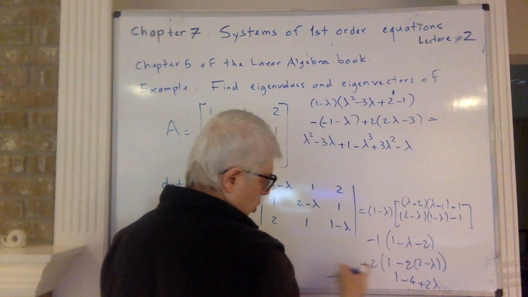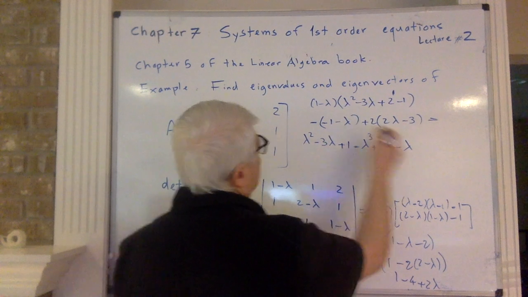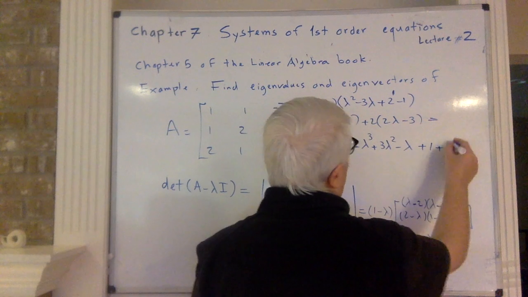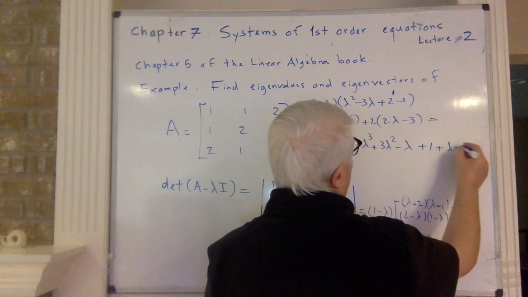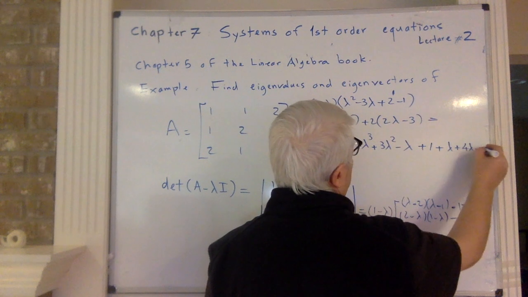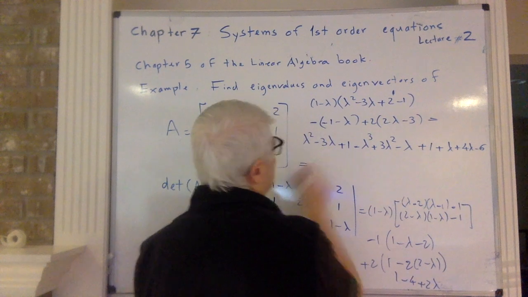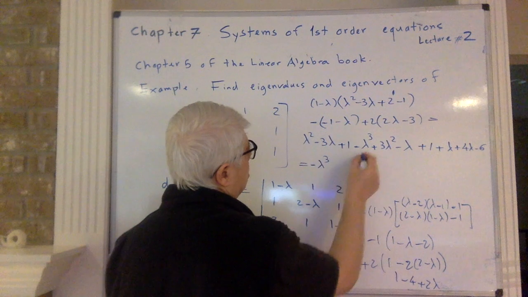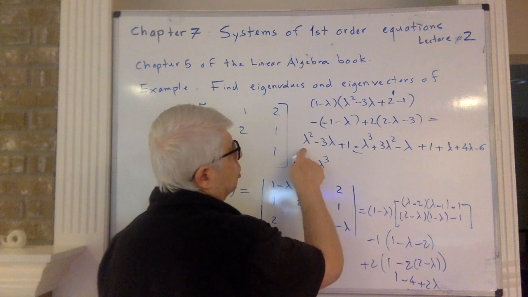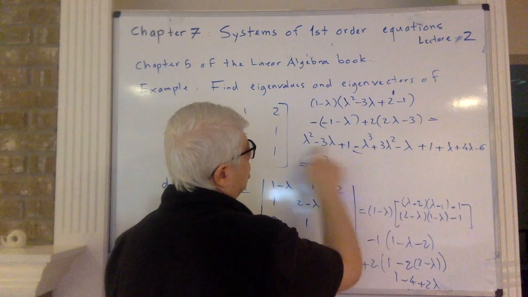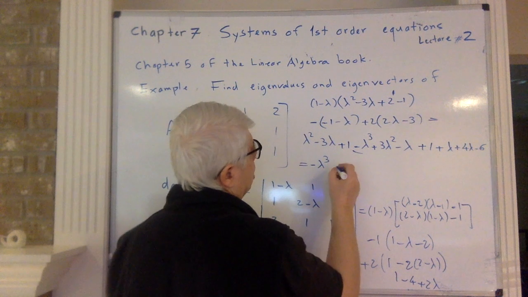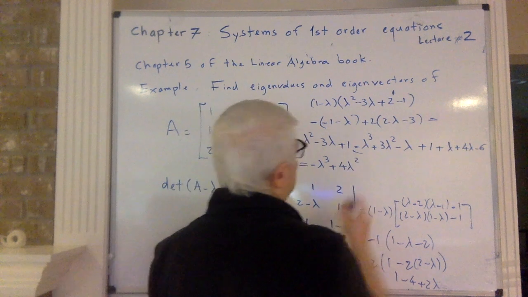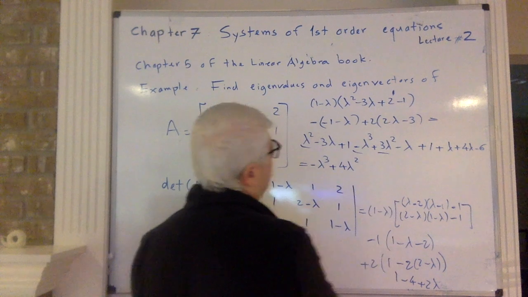And the second one, minus minus is plus 1 plus lambda, and this one is plus 4 lambda minus 6. Okay, so minus lambda cubed, this one, lambda squared and lambda squared, I have 3 plus 1, that is plus 4 lambda squared, and so this one goes away.